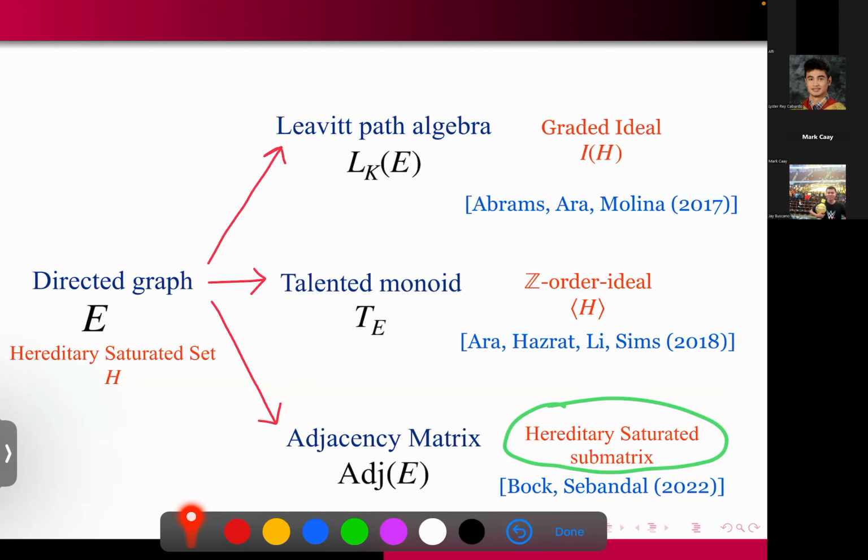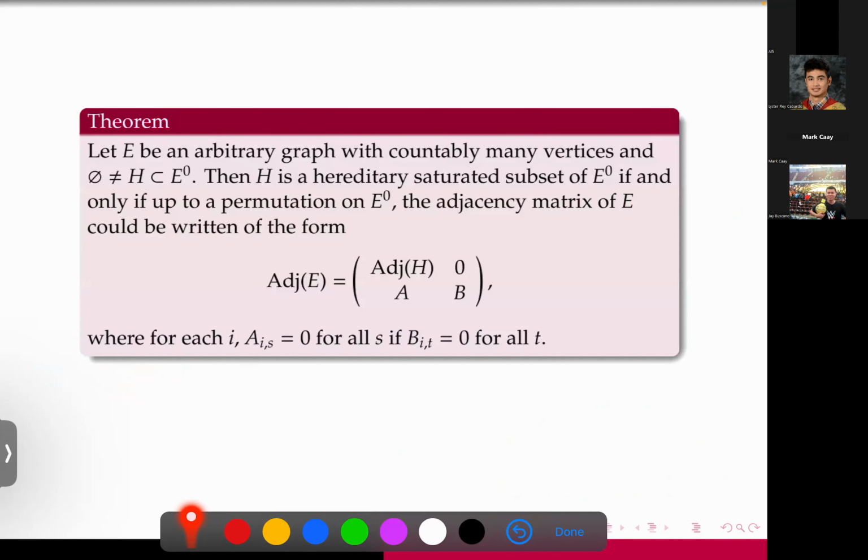Okay, now what is a hereditary saturated matrix? As I have already told you, such matrices are determined by your hereditary saturated set of vertices. That is just a submatrix of your adjacency matrix where you can permute your set of vertices in a way where we get a block.